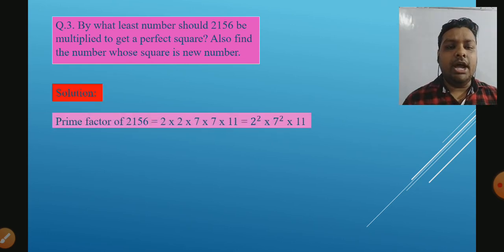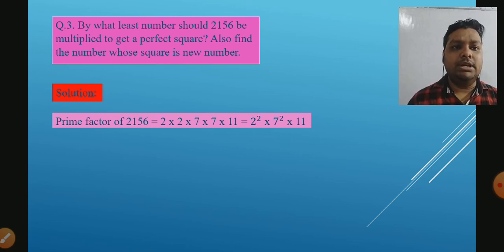Now at first, same process, we will find the prime factor of 2156. Then we will get 2 two times, 7 two times and 11 only 1 time. Here you can see that 2 is in pair, 7 is in pair, but 11 has no pair. It means if instead of only one 11, there were two 11s, then it could be a perfect square, but here it is not.